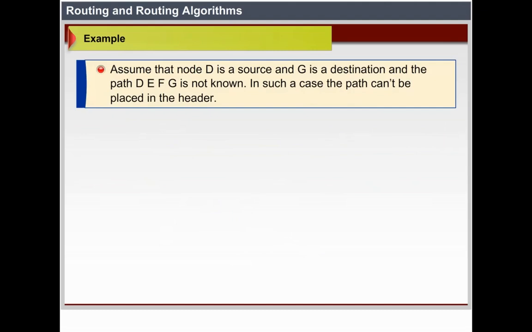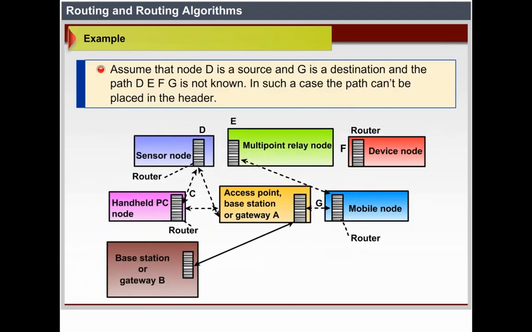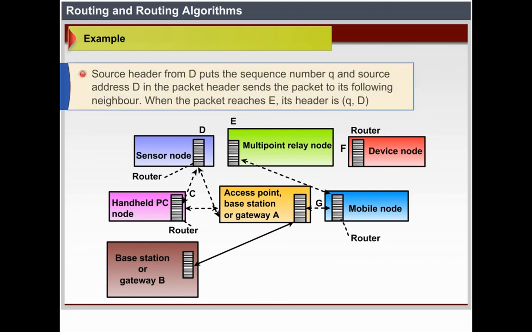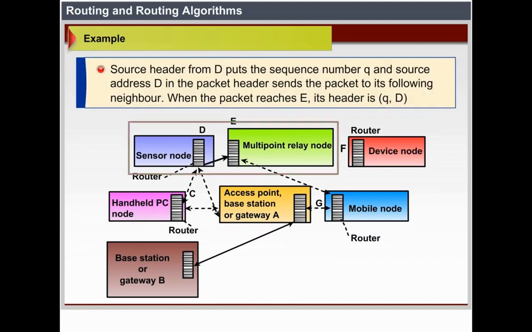Example: assume that node D is a source and G is a destination, and the path D, E, F, G is not known. In such a case, the path cannot be placed in the header. Source header from D puts the sequence number Q and source address D in the packet header and sends the packet to its next neighbor.